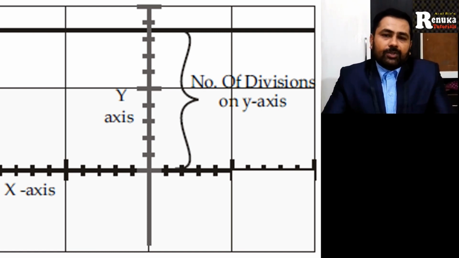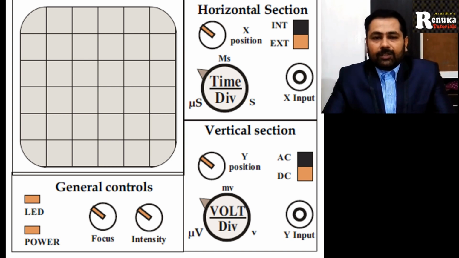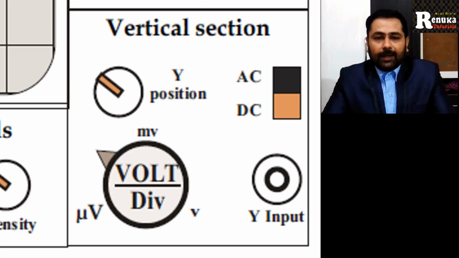If the voltage is positive, that line will move upward. By knowing the number of divisions on the y-axis, the scale is given on the screen, and the volt per division knob on the CRO's front panel, we can take the reading.